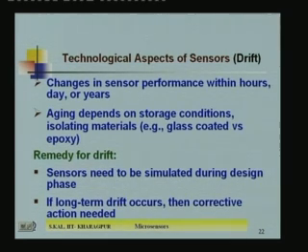That means that sensor has got drift, its property has changed. Also the aging, that means it depends on aging. So, what does this aging depend on? Why after a long time is the performance changed? It depends on various parameters.